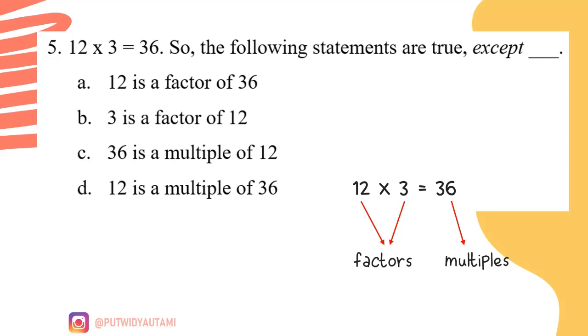Now, which one is not true? Yeah, that one. 12 is a multiple of 36. Of course, it's not true. 36 is the multiple of 12, not the opposite.